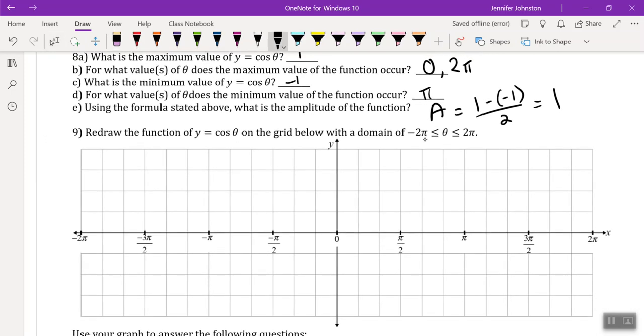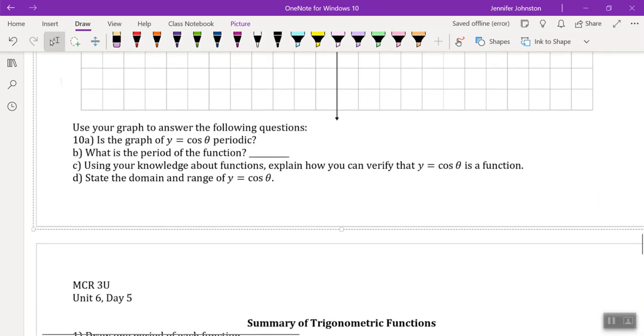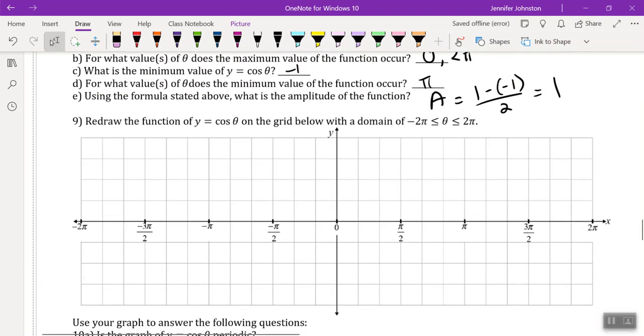We're going to graph it and state the domain between -2 pi to 2 pi. All right, so let's just label this as -1 and 1. So cos looks like that U shape. Let's do this shape over here first at pi and at 2 pi. So at 0, it's at 1. At pi over 2, it's at 0. At pi, 3 pi over 2 is at 0, and 2 pi is at 1.